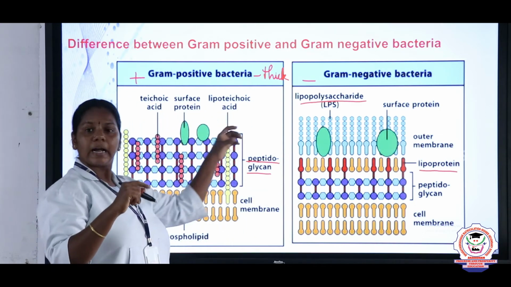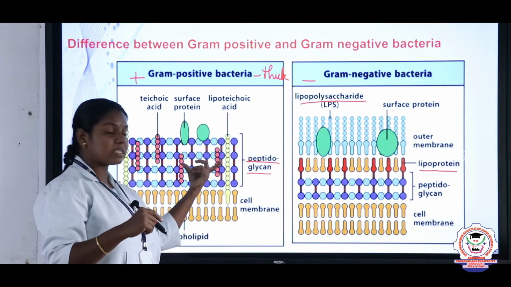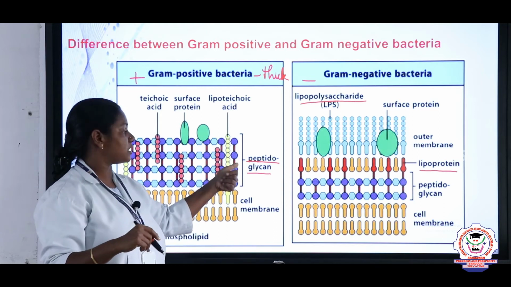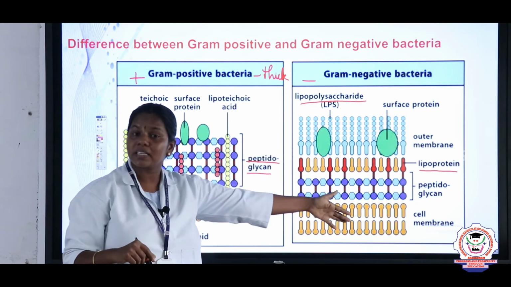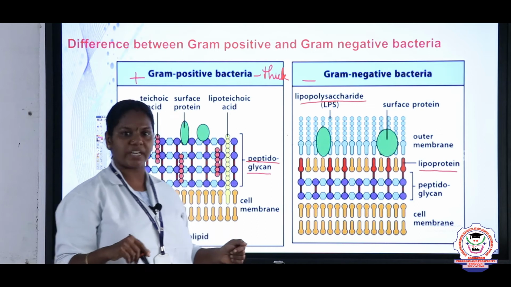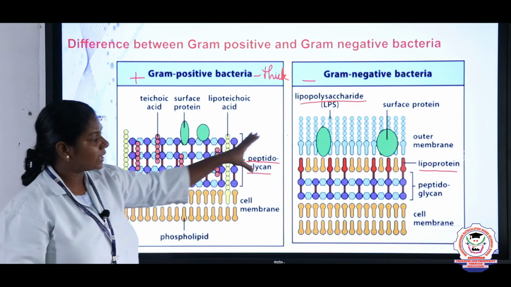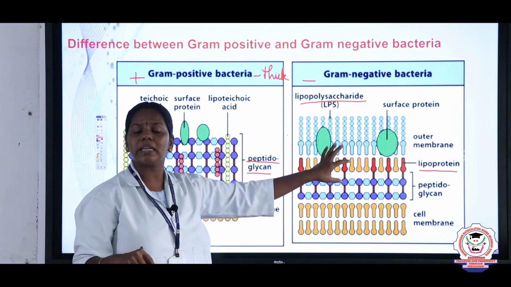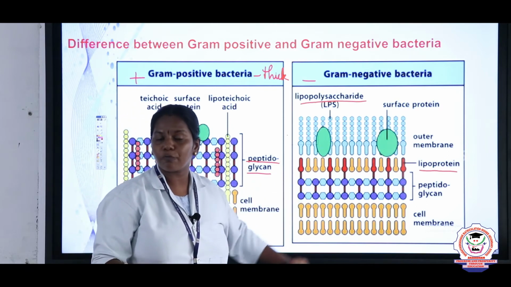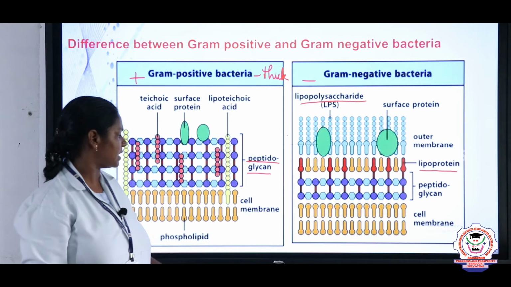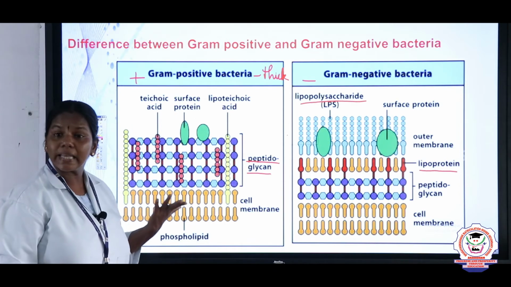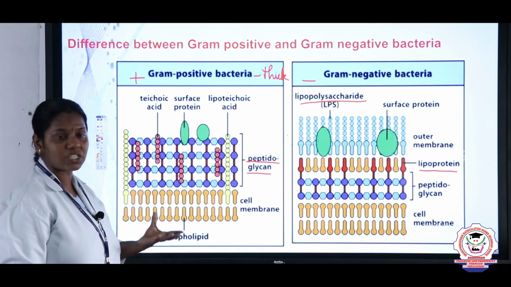It is thick and thin. Here it is rigid due to the presence of peptidoglycan, and it is elastic due to the presence of lipoproteins. Here 80% of the cell wall is made of peptidoglycan. There only hardly 12% of peptidoglycan is present. And by seeing the picture, what are the few differences we can see, children?